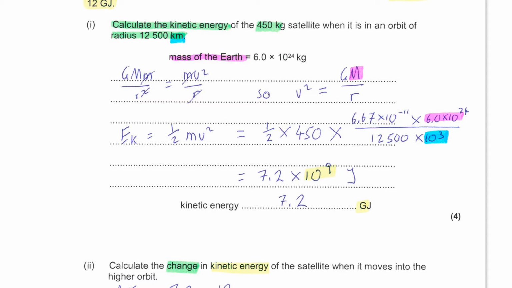You will then realise that you haven't been given a value for the speed in this orbit. So you need to think of any relevant equations to do with orbits that would enable you to bring in the variable of speed.